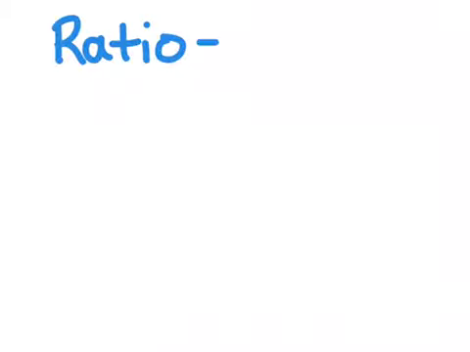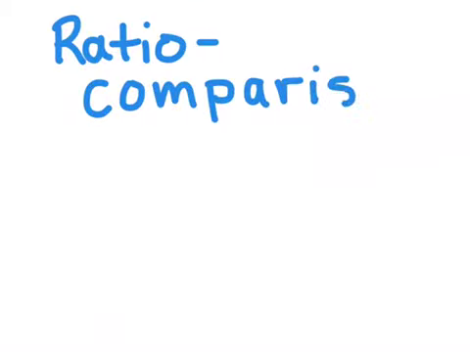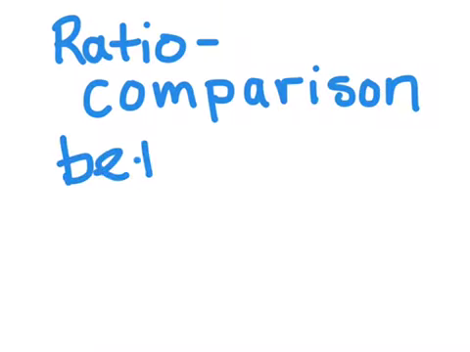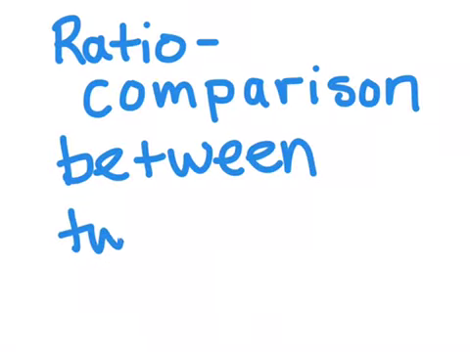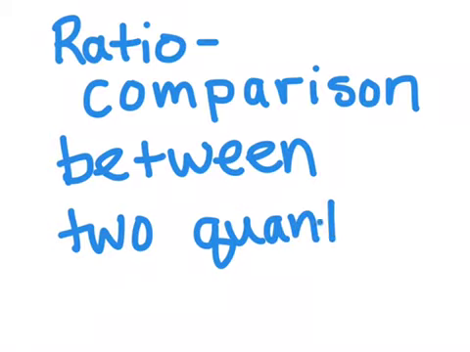The definition of ratio is the comparison between two quantities. Yes, any two quantities, when you make a comparison, that is a ratio. If you need to pause the video to write that down, you can do that. That is a great strategy to make sure you don't miss anything.